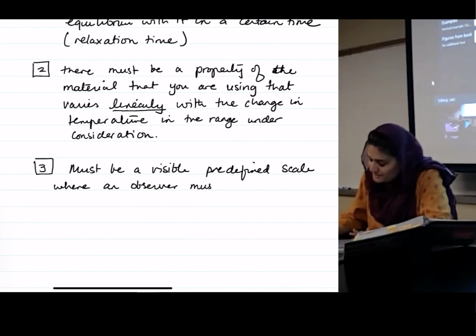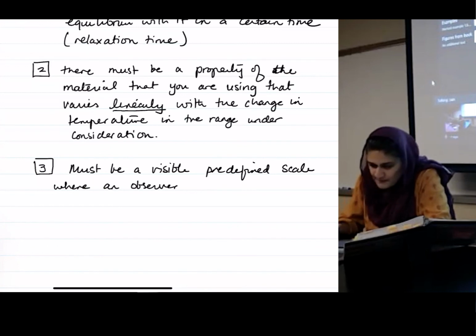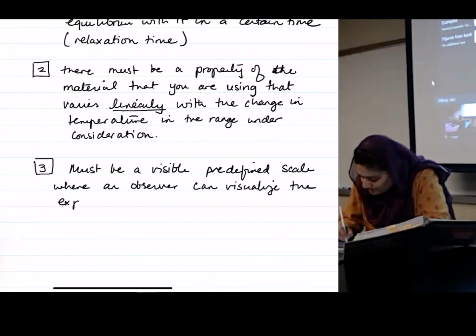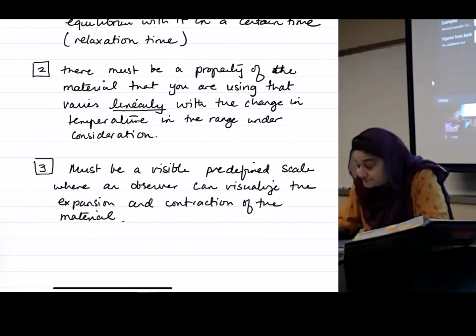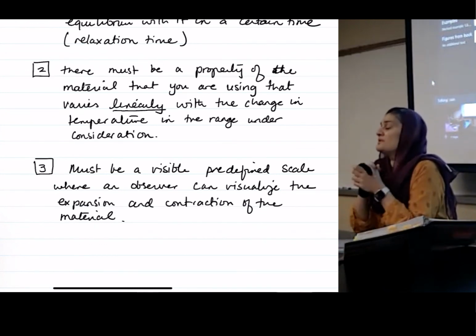There must be a visible, predefined scale where an observer can visualize the expansion and contraction of the material. Now, what can possibly be those materials that we can use?